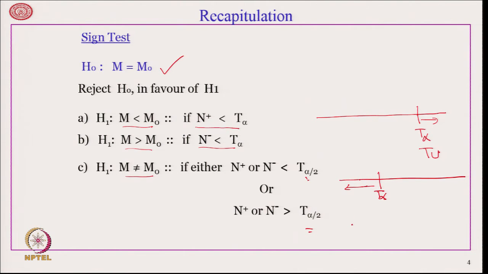But when it is a two-sided test, for equality of two populations, this is T alpha by 2 and this is also T alpha by 2, and we will reject the null hypothesis if the obtained statistic falls here or falls here.